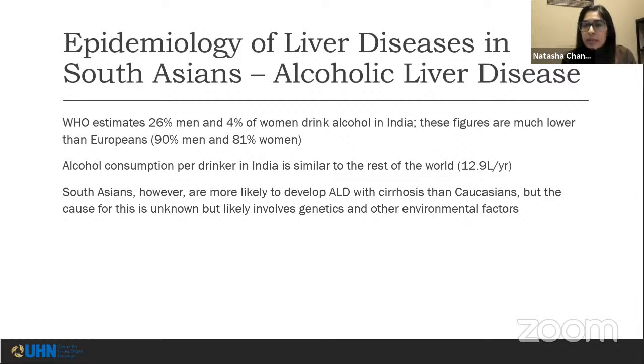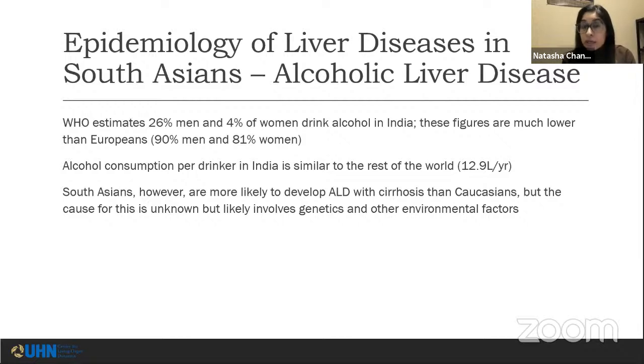It does appear that both South Asians and other ethnic groups, if they do consume alcohol, consume similar amounts of alcohol. However, there is a striking difference between different ethnicities and the development of alcohol-related liver disease. Studies have suggested that South Asians are much more likely to develop alcohol-related liver disease as well as alcohol-related cirrhosis than Caucasian counterparts.